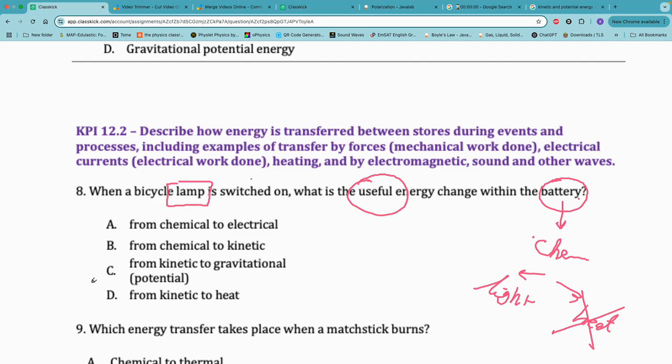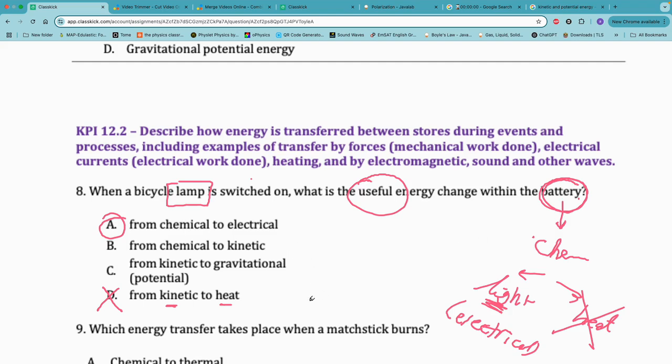Okay, we don't have light as an option, but we can consider light as a type of electrical energy. So that's why you go for option A. You don't go for D, because from kinetic to heat, kinetic, which is motion, to heat, it's correct, but kinetic is not stored inside the battery.